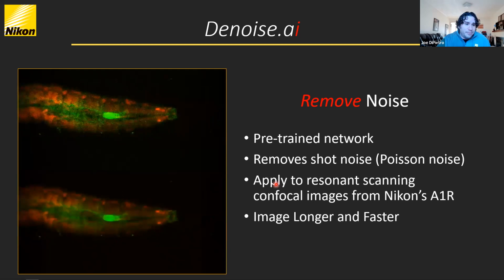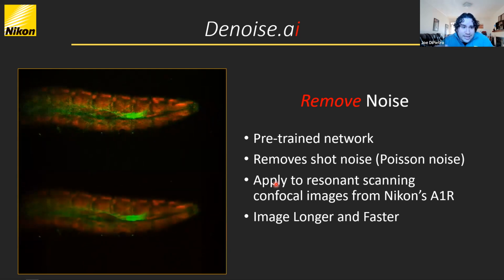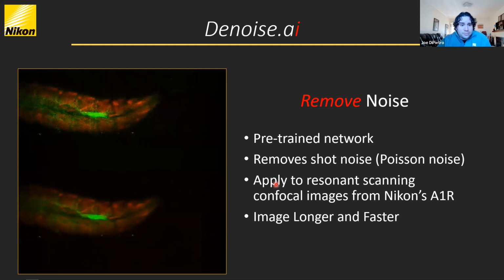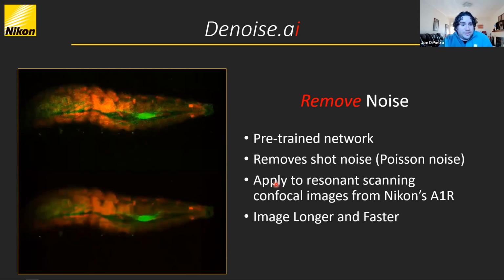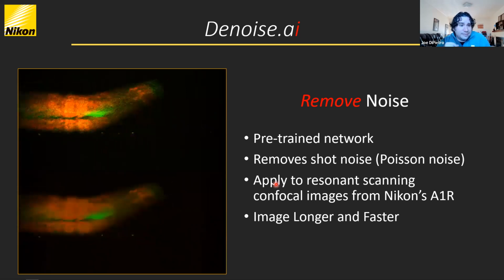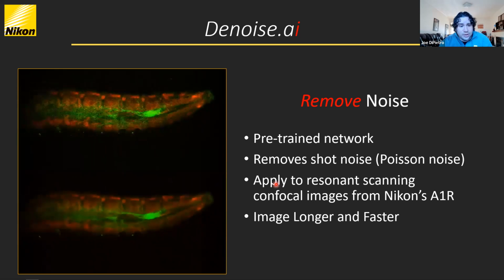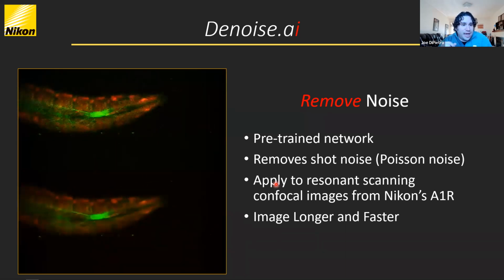So you get a noisier image. In this case, maybe you want both. AI allows us to have both now. You can image fast, get a noisy image, and then use artificial intelligence to remove the noise and be left with an image that is just as good as one that would have taken more time to capture.